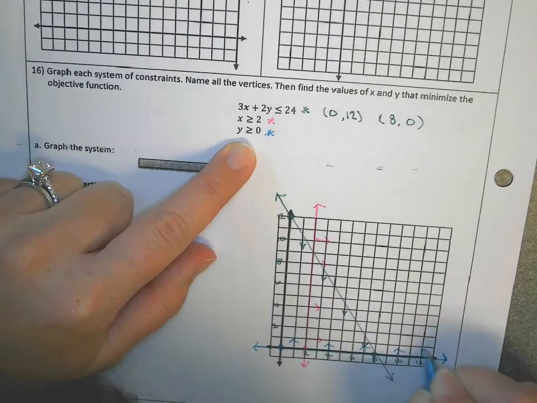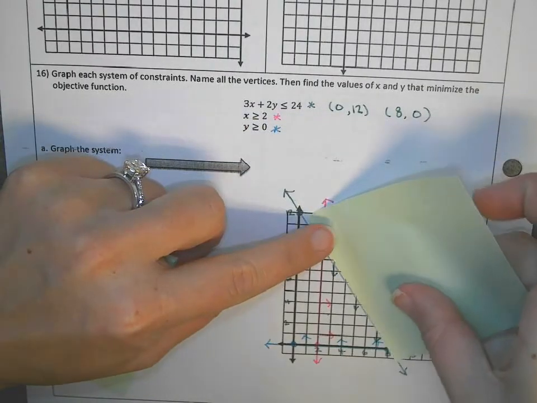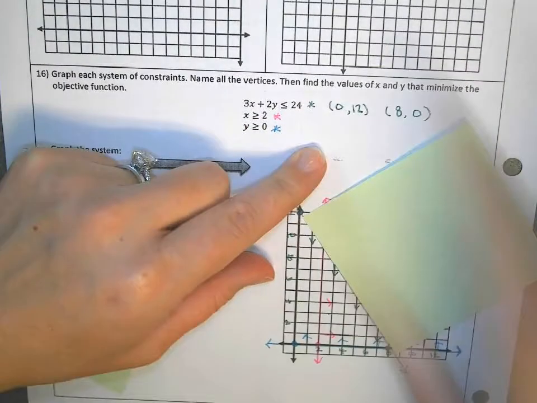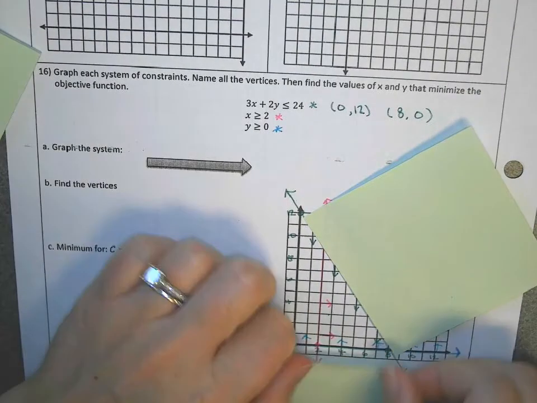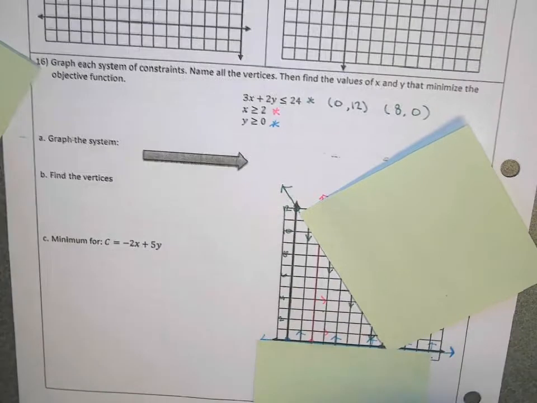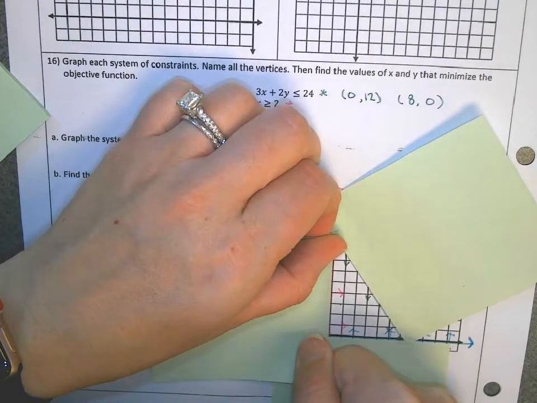Now this is where your post-it notes come in. Did you guys bring your post-its back? Okay, so this is where your post-its come in handy. Here's my post-it on this line. I don't shade on that side. I'm only going to leave my arrows. I'm not going to shade on this side of the blue. And I'm not going to shade on this side of the pink.